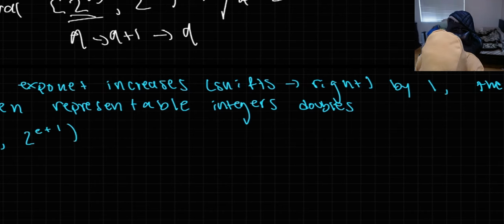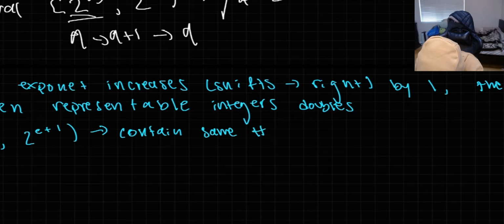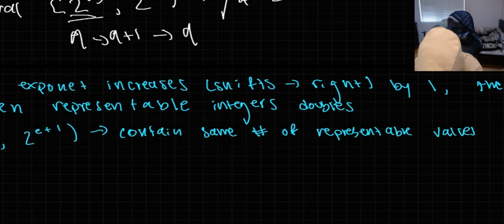And for a specified type, they contain the same number of representable values. Sorry, I shouldn't say contain type. I guess I can say that.